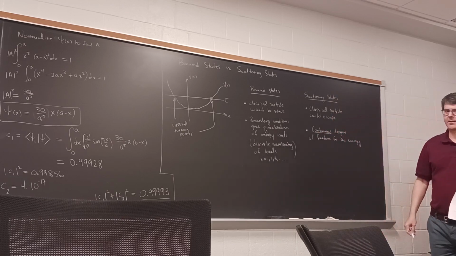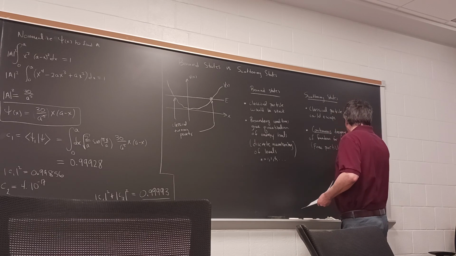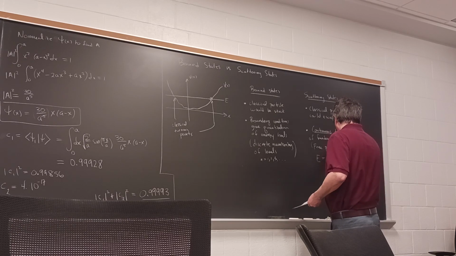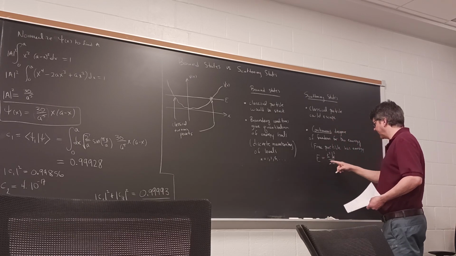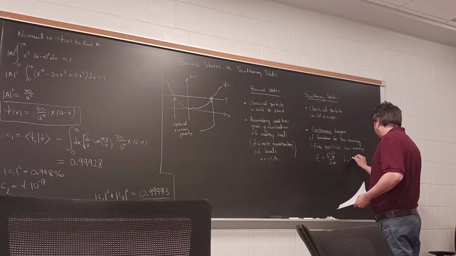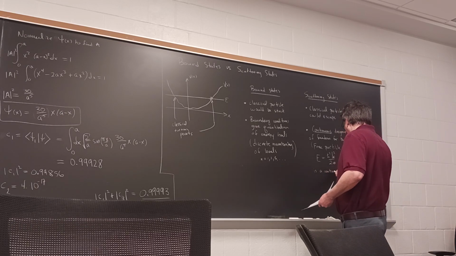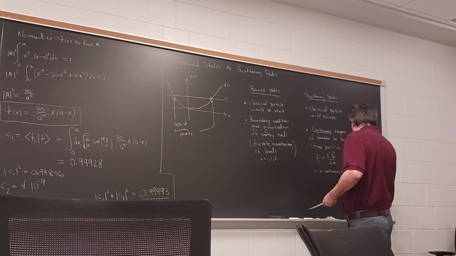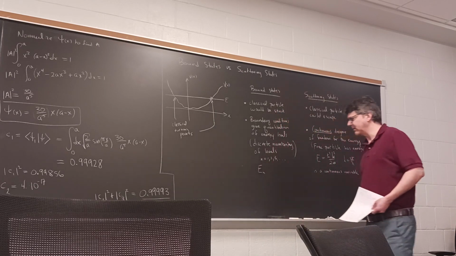Okay, so this is like a free particle. In a free particle, we have E equal to h bar squared k squared over 2m, where k equals 2 pi over lambda is a continuous variable. Whereas for bound states, we have some formula for it.